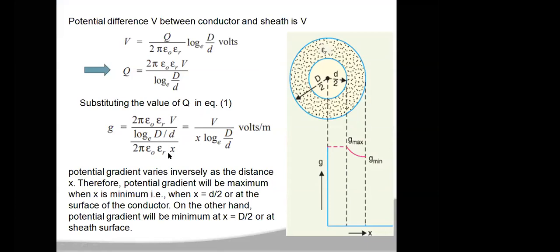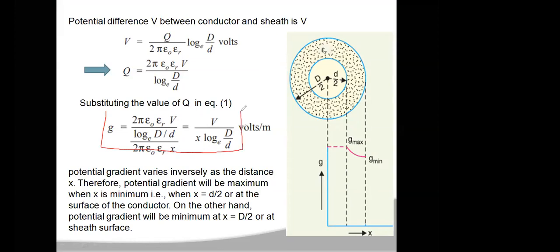Now the 2 pi epsilon naught epsilon r terms will get cancelled. Then the potential gradient expression can be written as small g is equal to capital V by x into log capital D by small d to the base e. So this is the expression to calculate the potential gradient.